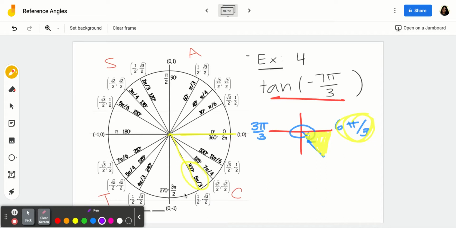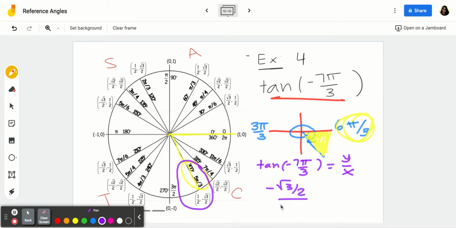So what am I looking at to find my answer? Like I did Monday, Tuesday, I'm looking at these values, and then from there, now I need to figure out what is tangent. So tangent of negative 7 pi over 3 will be the y value over the x value. The y value is negative square root of 3 over 2. The x value is 1/2.